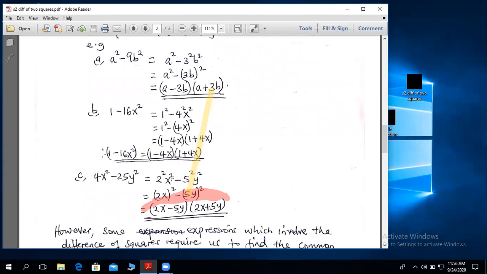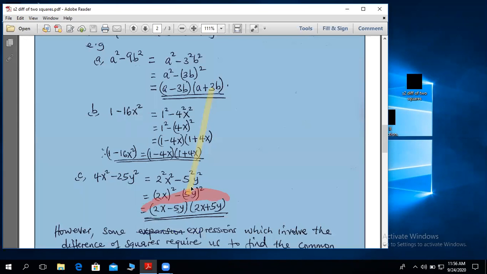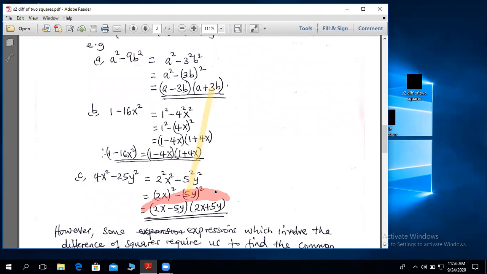In primary, you studied some indices. You agree with me that 2x to power 2 is equal to this one. They are the same. And 5y to power 2 is equal to this one. Why am I doing it like that? I want to create the difference of 2 squares, such that this number is squared and this number is also squared.